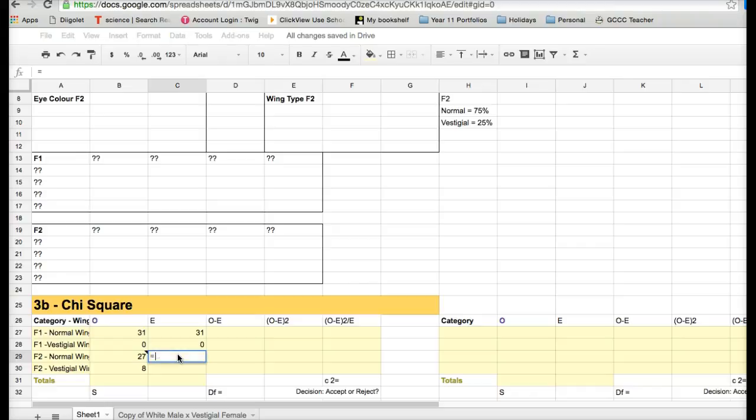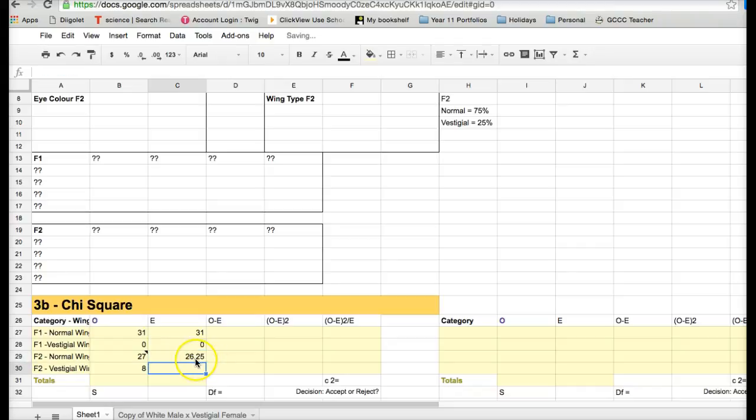So that equals 75 out of 100 times the total number of flies I had, which was 35. We expected 75% of 35 to be normal wing.